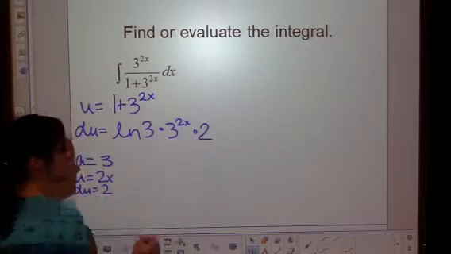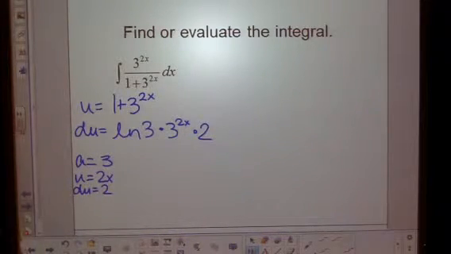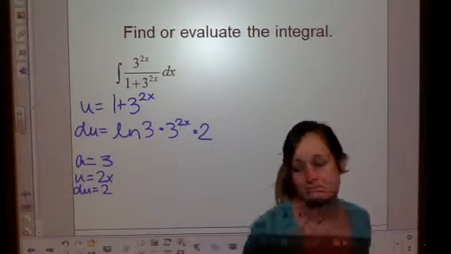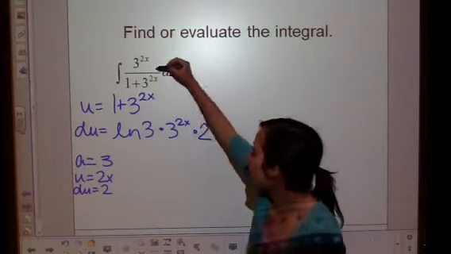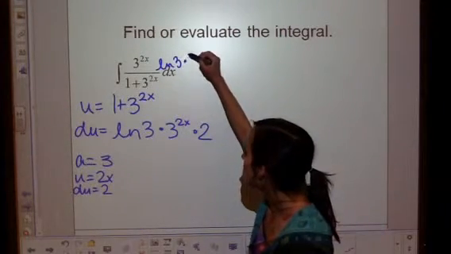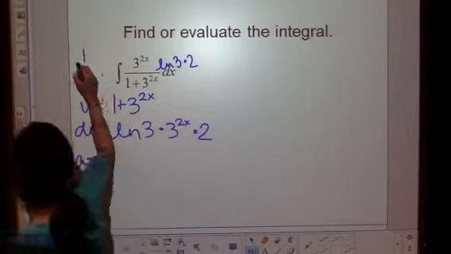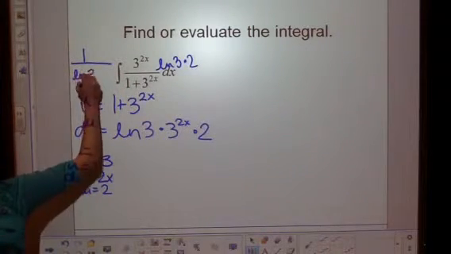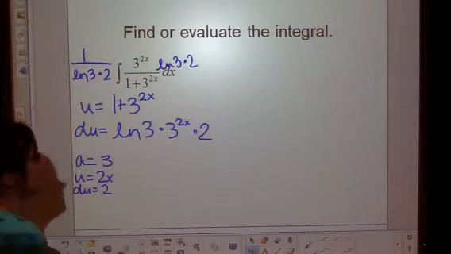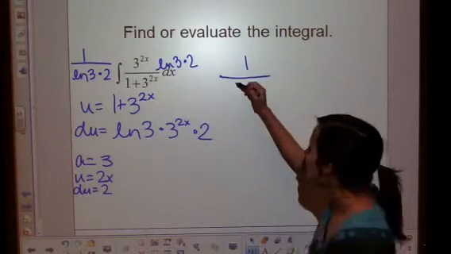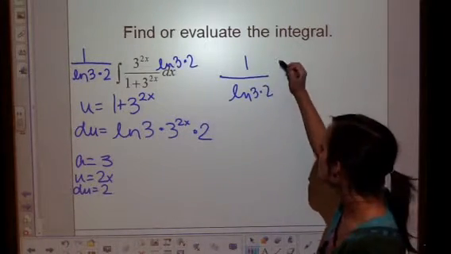times du. Wowzers. So on top, we have that, except for we don't have the ln 3 and the 2. So out to the front, we're going to do 1 over ln 3 and the 2. So we have 1 over ln 3 times 2.